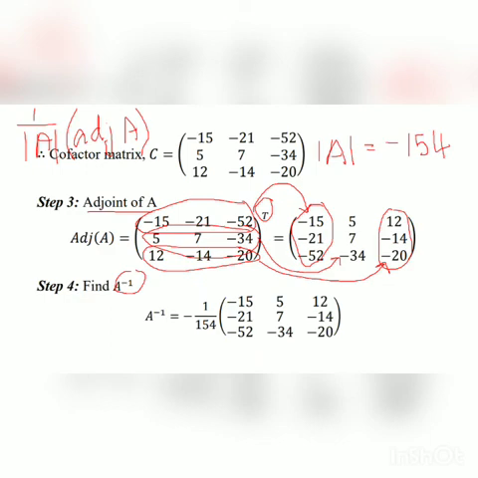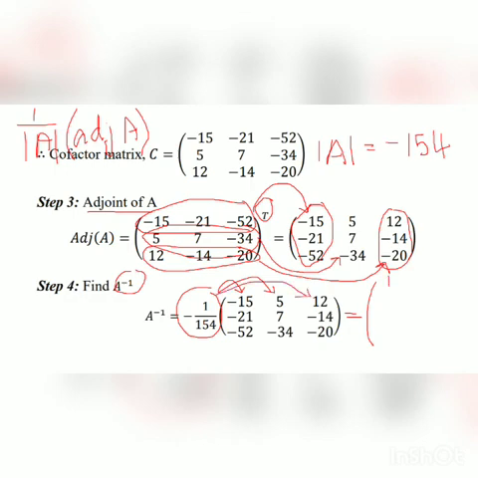So the inverse matrix of A can also be written by multiplying in the value over here, so each of the values in the matrix.